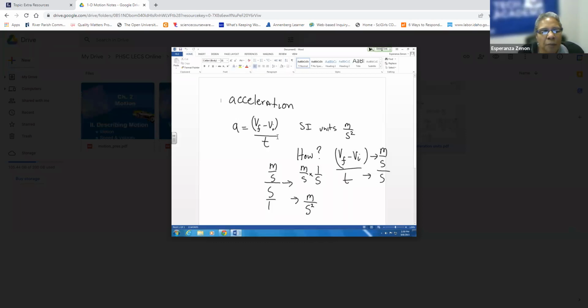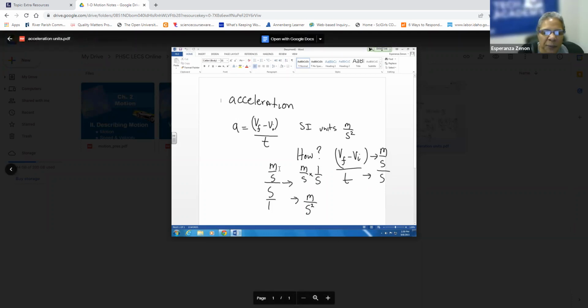So if you get acceleration by doing change in velocity per unit time, what units go with change in velocity? Meters per second is the unit for velocity, so I have meters per second here. And on the bottom, I have time. What unit goes with that? Seconds.